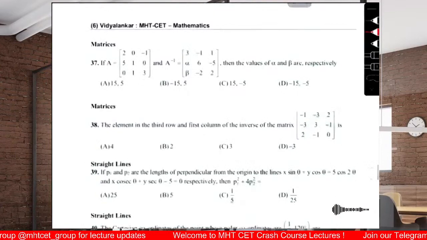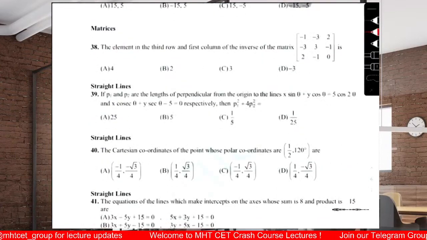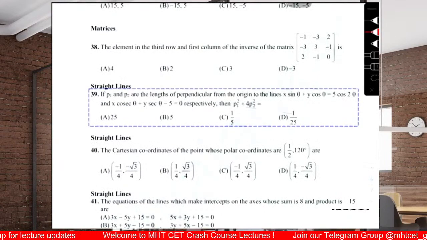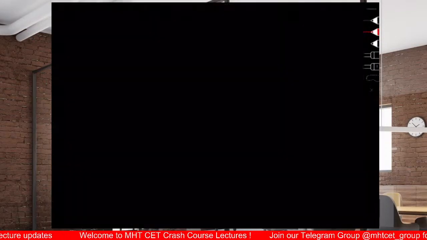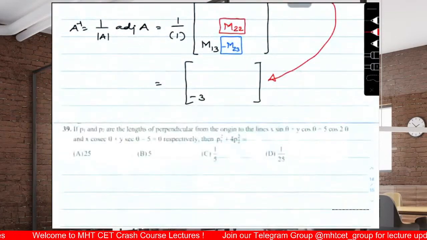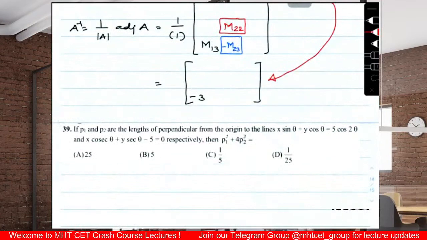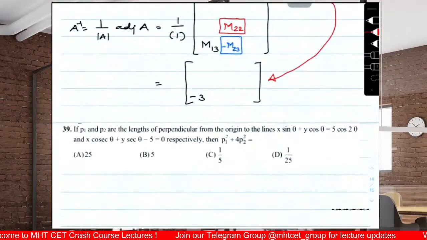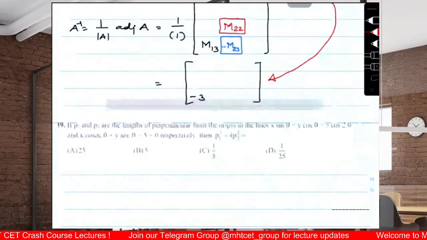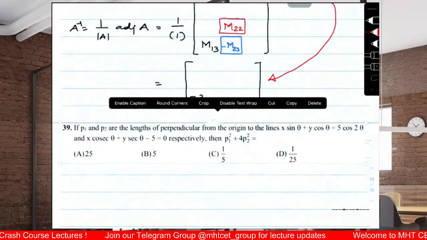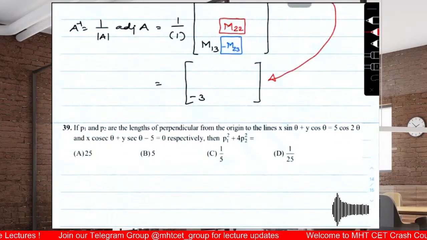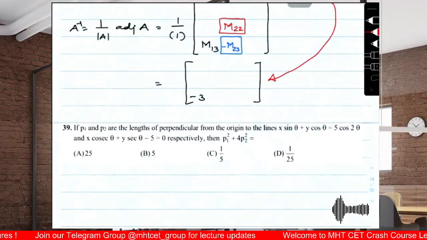38 is done. 39 straight line. Okay. In 39, P1 and P2 are lengths of perpendiculars from origin to the line.